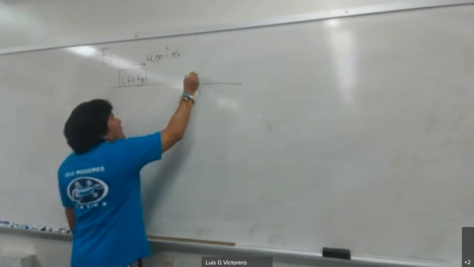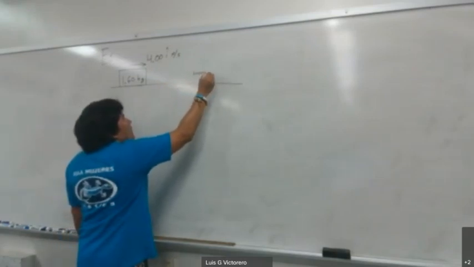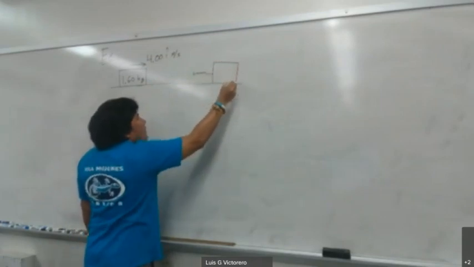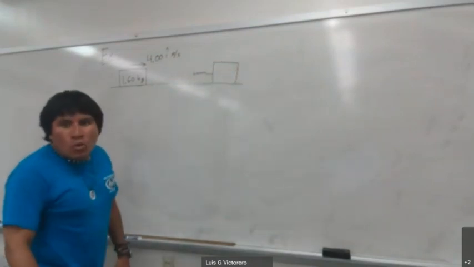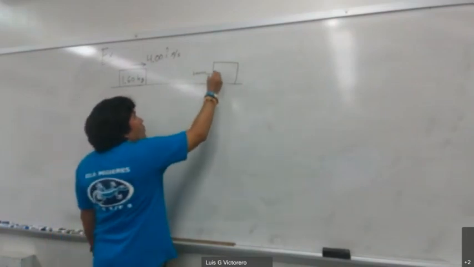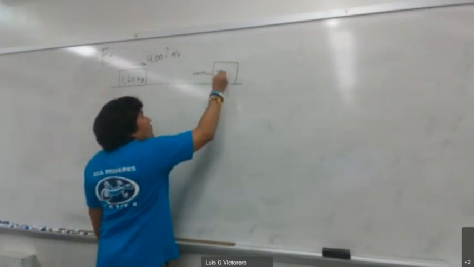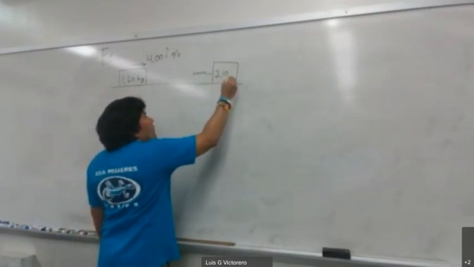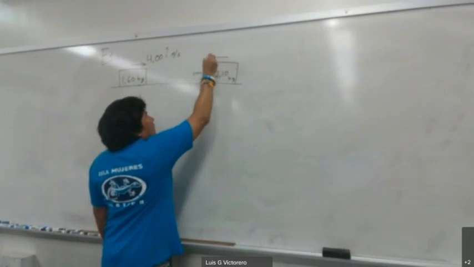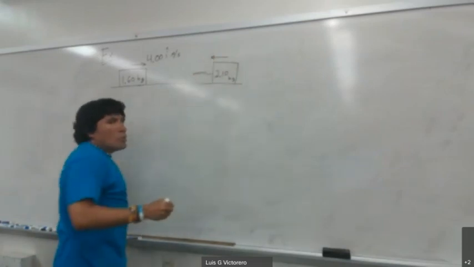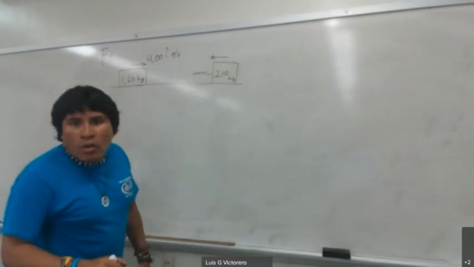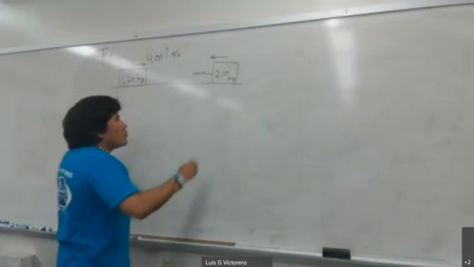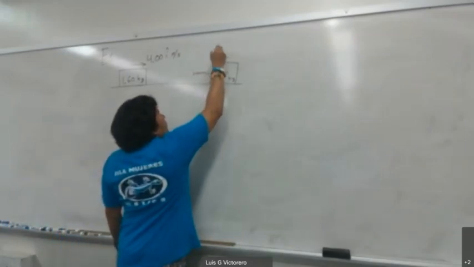this guy has a spring. The mass M2 is 2.10 and is heading with a velocity of negative 2.50 i.